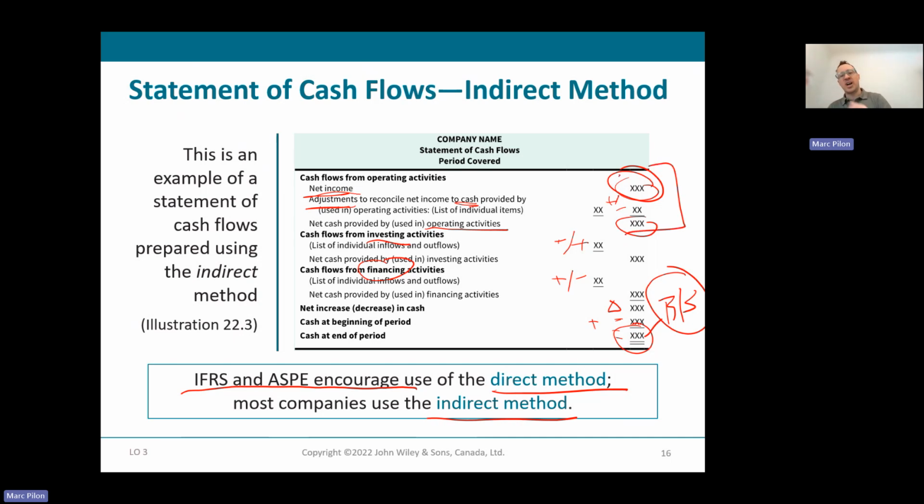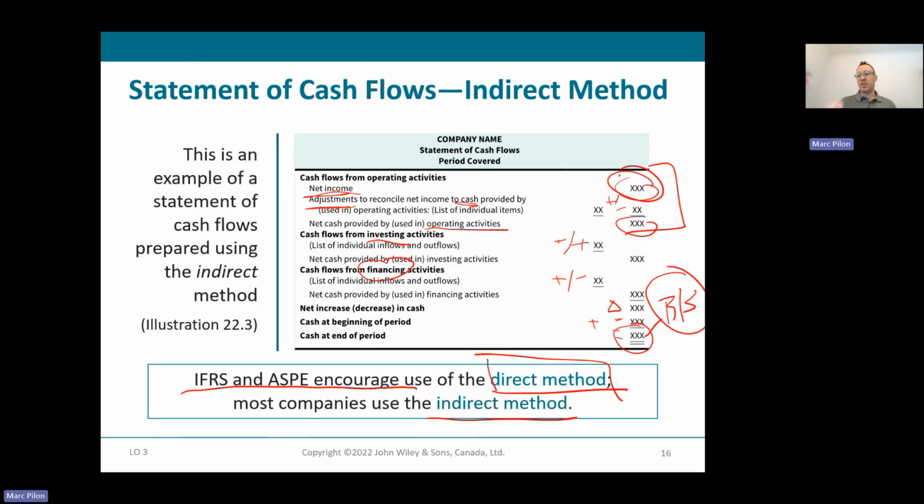It simplifies the presentation, whereas with the direct method, you have more line items for the different cash flows. It does provide, I guess, more information, but not to the point where users of the financial statements have lobbied hard enough to change the standards to require companies to use the direct method.